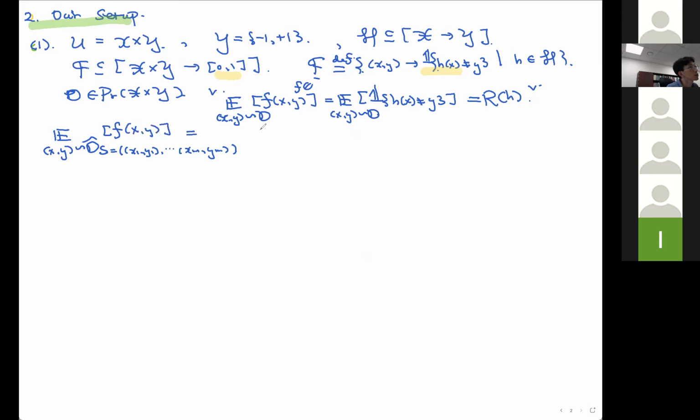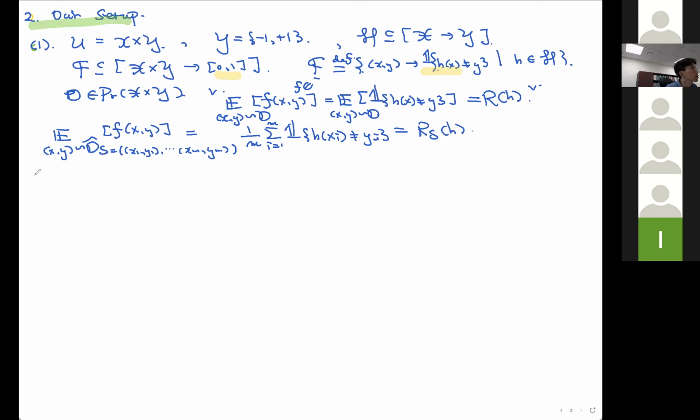Okay, so when we expand the definition, it's 1 over m, summation of i equal to 1 to m of h of xi is not equal to yi. That is exactly the empirical risk of h. So what does this mean?